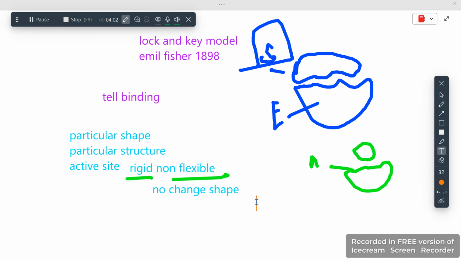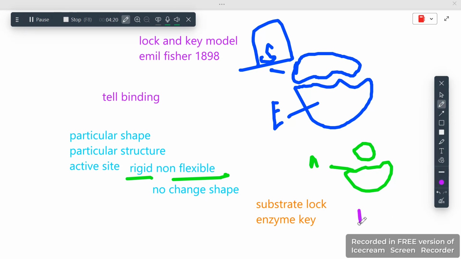So we can also call the substrate the lock, and the enzyme, the down part, the key. How?